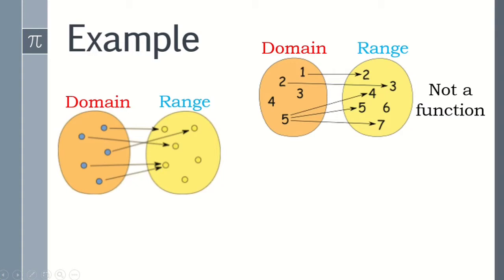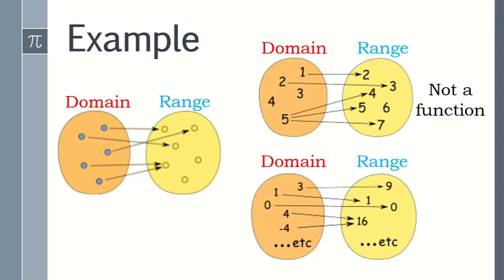Now let's have this diagram. Okay, function or not function? Okay, this is a function because every element in x is related to y. No element in x has two or more relationships, so it follows the rule.